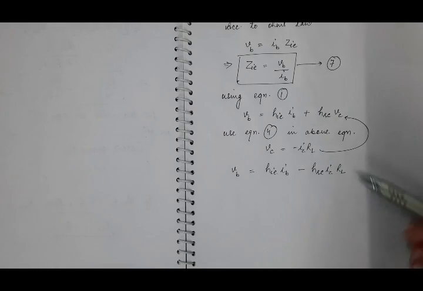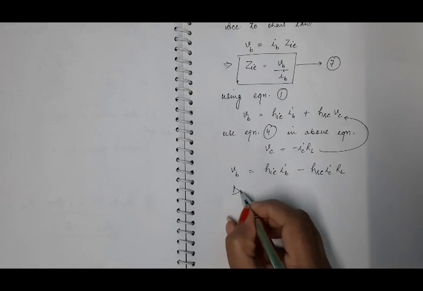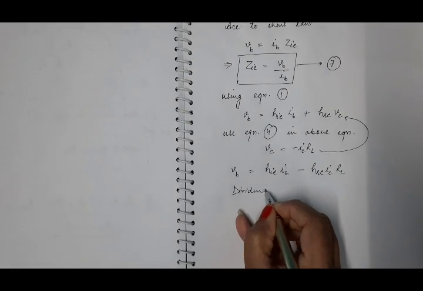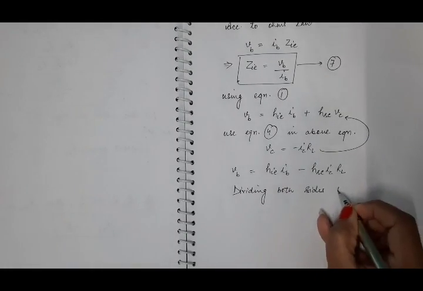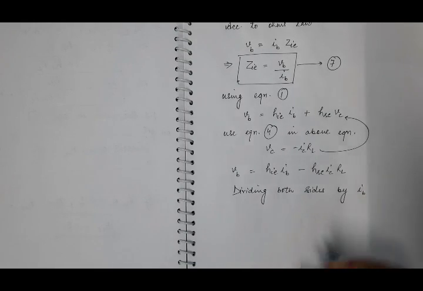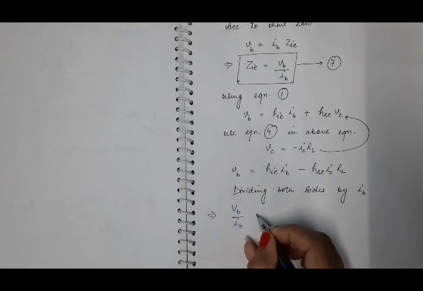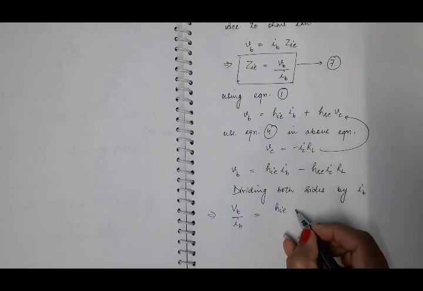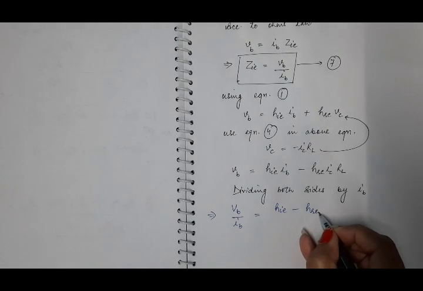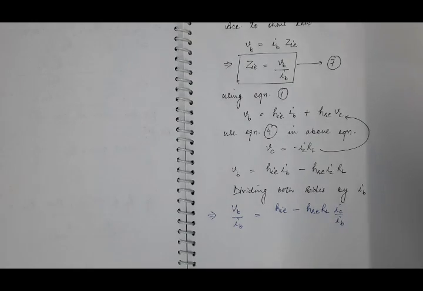And then we need the ratio of VB and IB. So now divide this equation by IB on both sides, and what will you get? You will get VB by IB equal to HIE, as IB and IB cancel out, minus HRE RL IC upon IB.